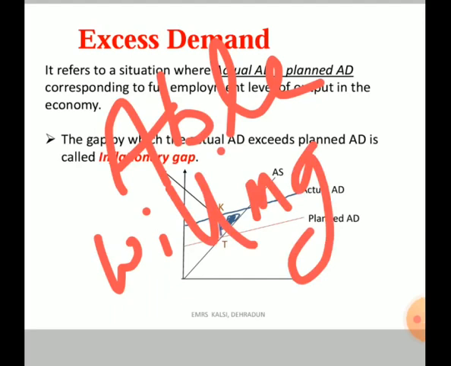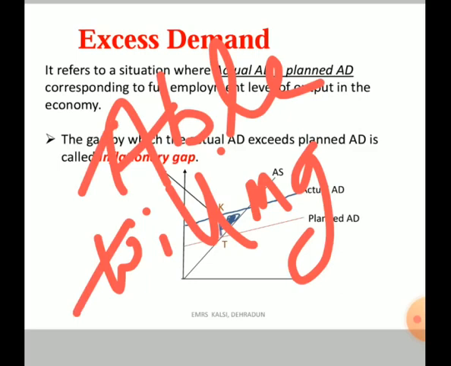Then it is a situation of full employment. If a person is able but not willing, that person will not be counted in the category of full employment. Only those people who are able and also willing.